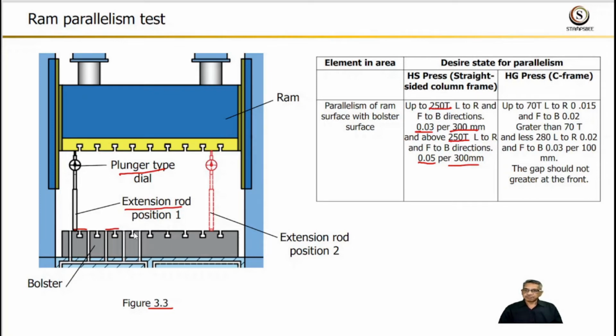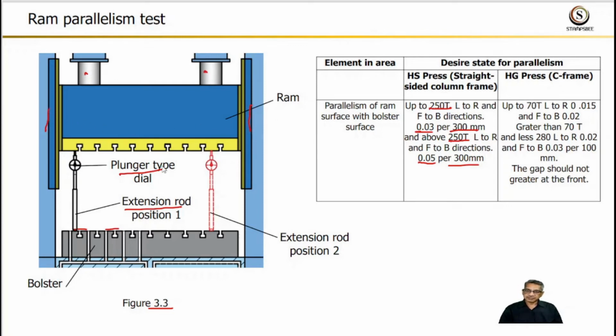The maximum difference between highest point and lowest point is the deviation. If the deviation is more than the allowable range, corrective action is required. The general corrective action is adjustment of drive mechanism and jib clearance adjustment.